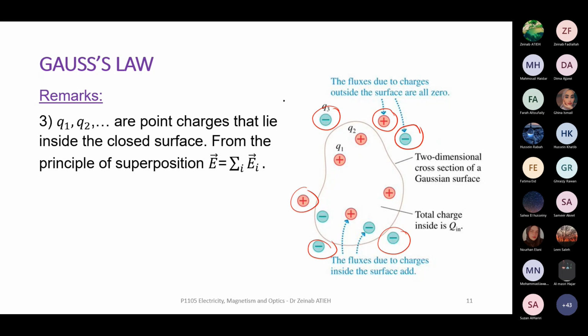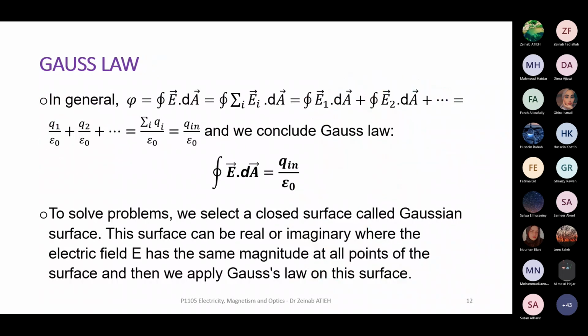Okay, they can be positive, they can be negative, it's okay. So Q1 will create an electric field, Q2 will also create an electric field, and all the charges will create electric fields. So simply the total electric field is equal to the sum of the individual electric fields. Okay, we will make our proof here.